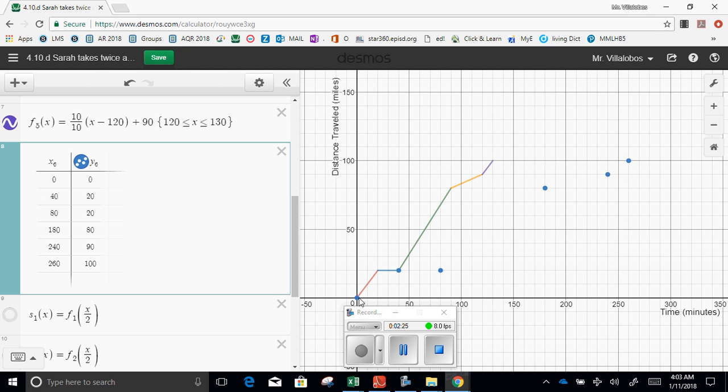So moving 0 twice as far from 0 is still 0. Moving this point here twice as far, 20 should be at 40. And the 40 now is at 80.